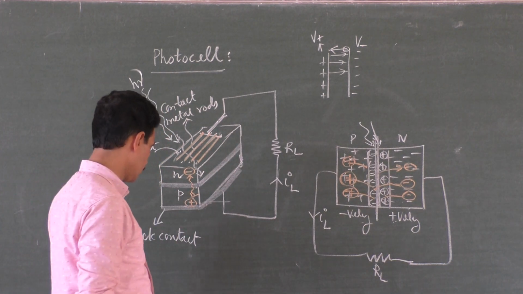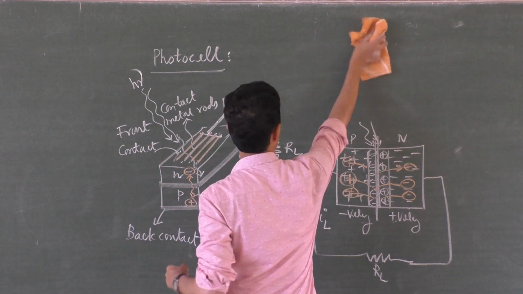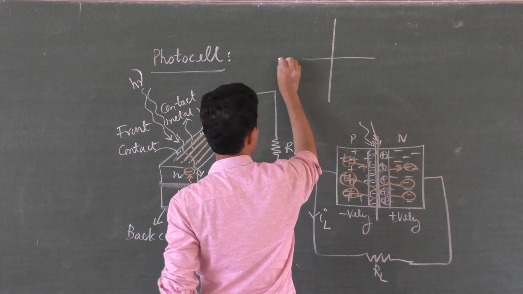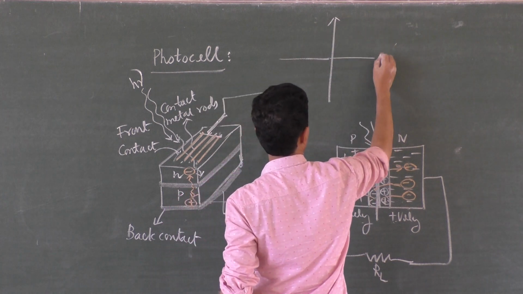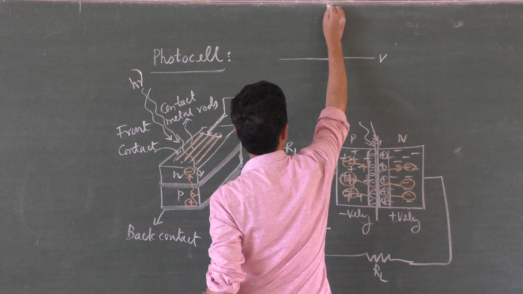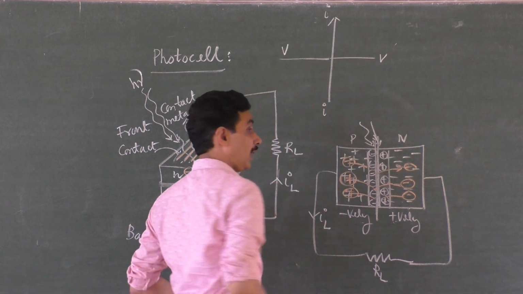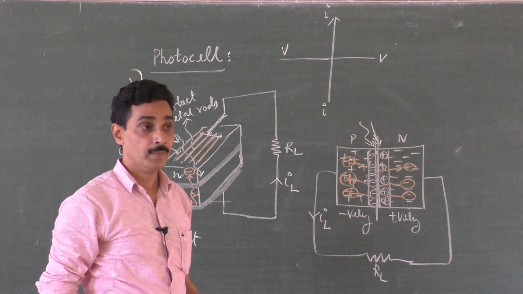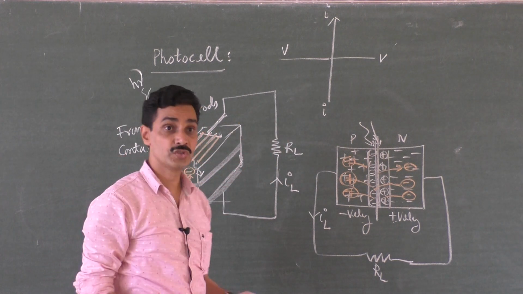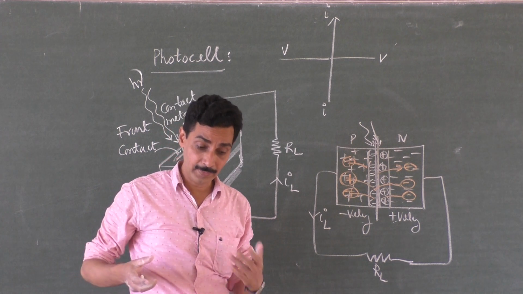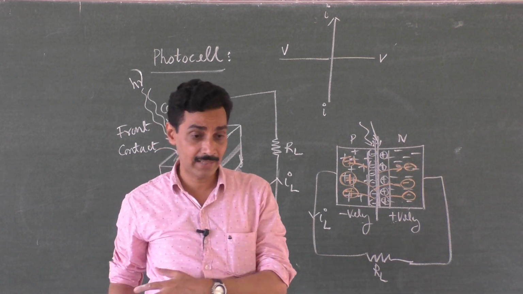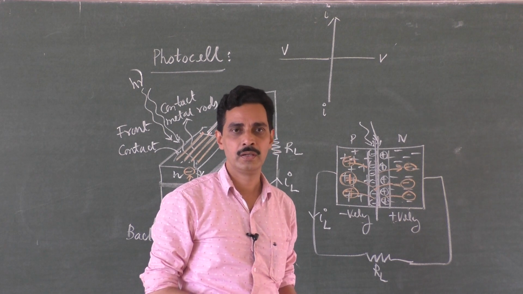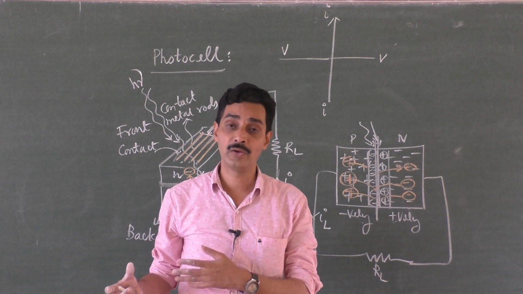And if you want to draw the characteristic curve for this, how is the characteristic curve for a photocell? The VI characteristic, and you should have V here and I here, right? Now, which quadrant will you use? Sir, I will use the fourth quadrant. Why? Because whenever you supply energy from an external battery to a diode, for example forward bias, you are supplying energy from outside, right?